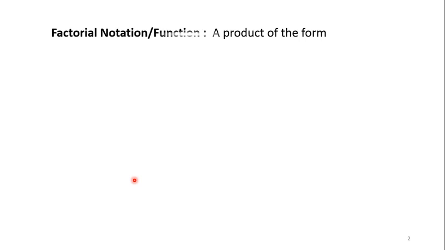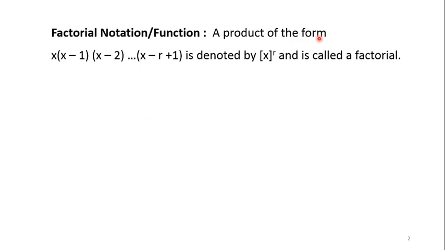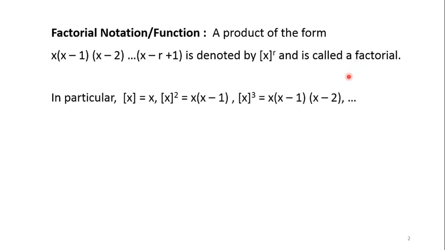First of all, we understand what is meant by factorial notation or factorial function. A product of the form x into x minus 1, x minus 2 up to x minus r plus 1 is denoted by x^(r) and is called a factorial notation or factorial function.